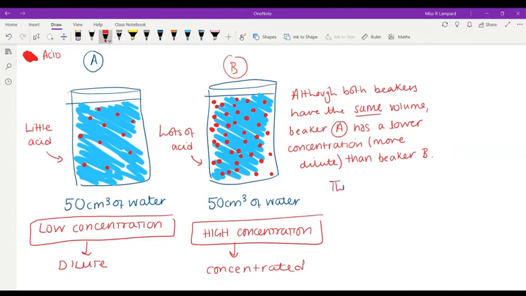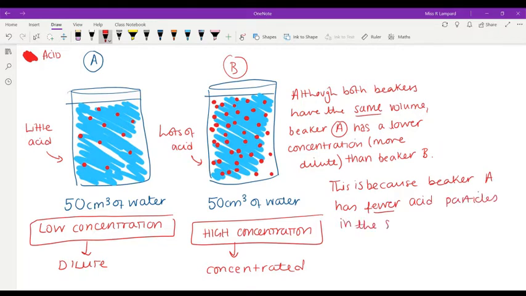So this is because beaker A has fewer acid particles in the same volume as beaker B. Okay, so essentially what this means is I want you to imagine that these particles are moving about all the time.